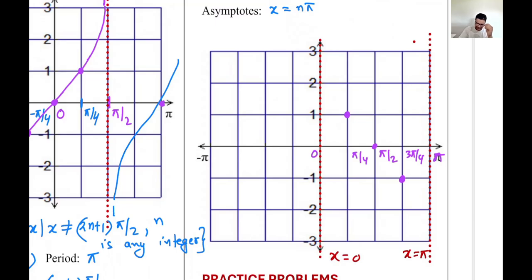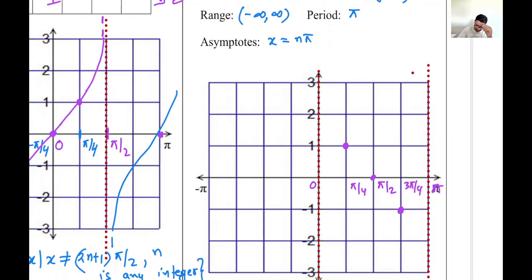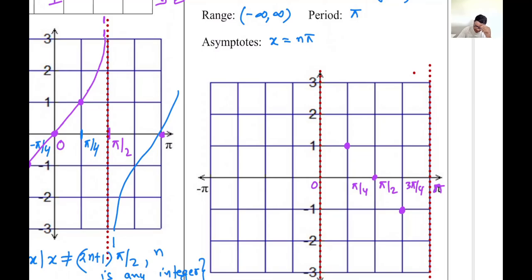You can see clearly it has to be asymptotic here, and then gradually move here, and then again gradually go down and be asymptotic down there. Basically you can see the graph of tan but flipped over, and also shifted.